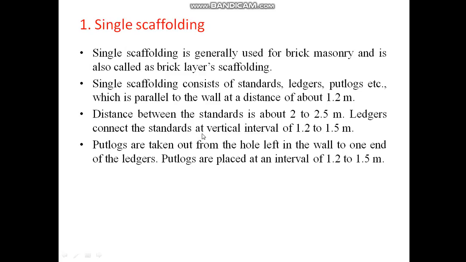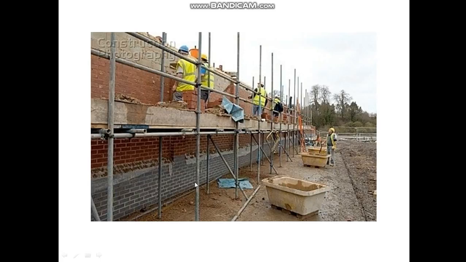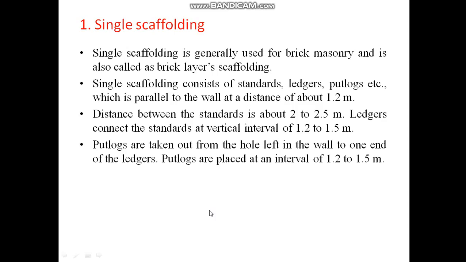The ladders connect to the standards at an interval of 1.2 to 1.5 meter. Now this vertical distance, that is from this inclined portion to the standards, is around 1.2 to 1.5 meter.